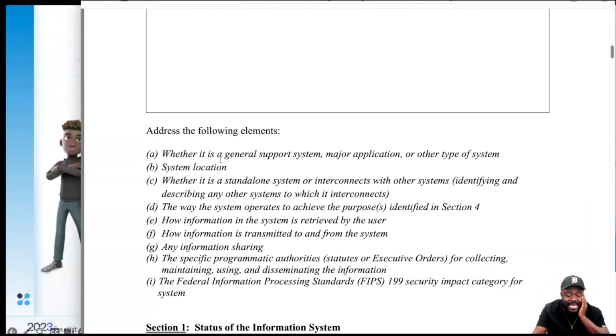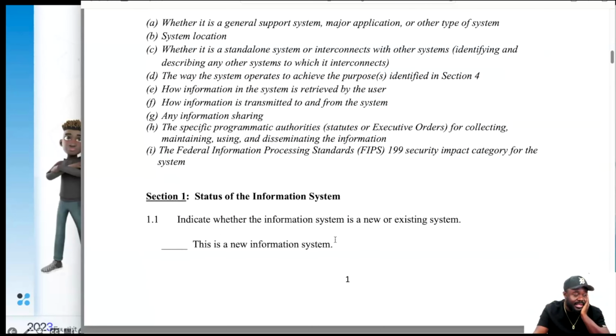You see over here, they are asking whether the system is a general support system, or a major application, or is it a standalone? So those things that we were talking about earlier, I see that now it's coming up over here.